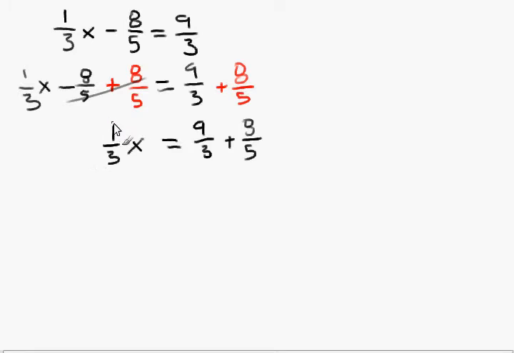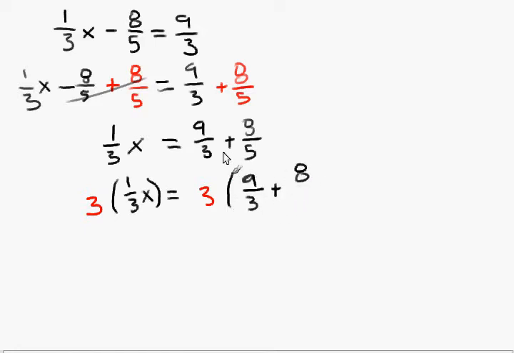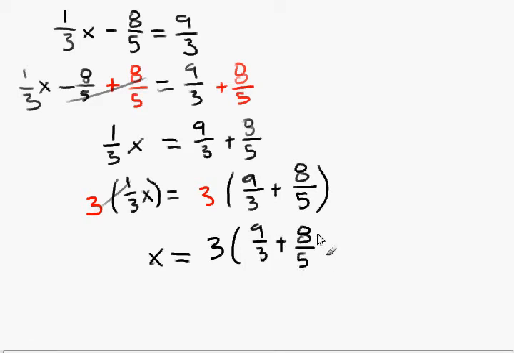Next, we need to multiply by the inverse of 1/3. That is 3. And we need to multiply both sides of this equation by that. Since we're multiplying after we added 8/5, we have to have these parentheses here. These cancel. We're left with x = 3 times (9/3 + 8/5).